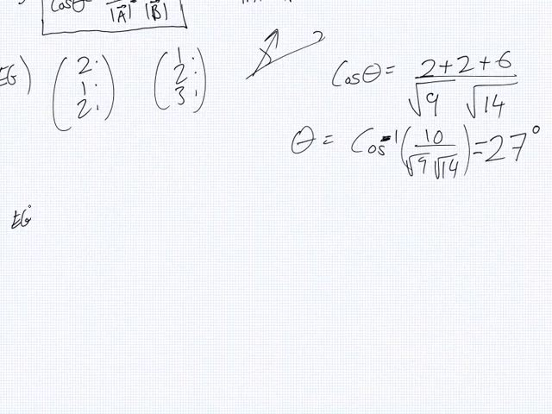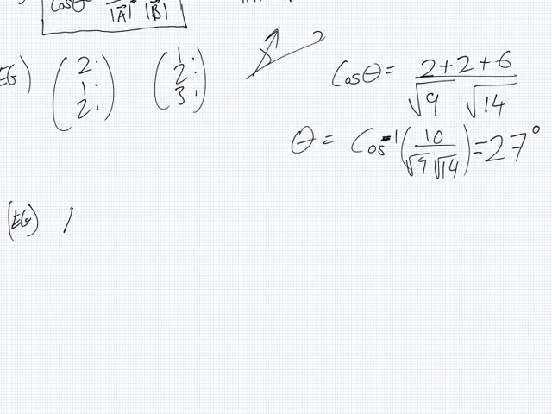Now, as Faisal noted earlier, what happens when vectors are perpendicular? Let's say A is perpendicular to B. What does that make the angle equal to? 90. And what's cos of this angle then?